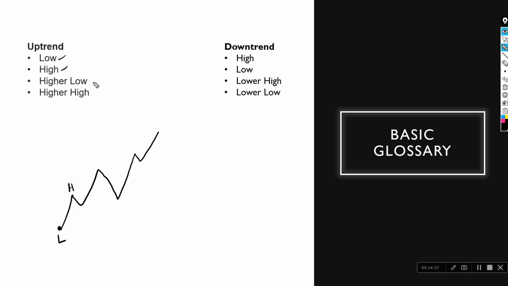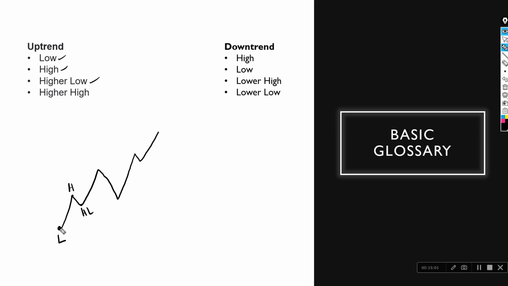Next we have higher low. As the word itself says, higher low means this point here. So this is the higher low. Why? Because it's a low, definitely. It is lower than your high, but it is a higher low.